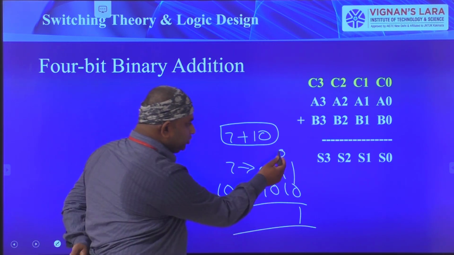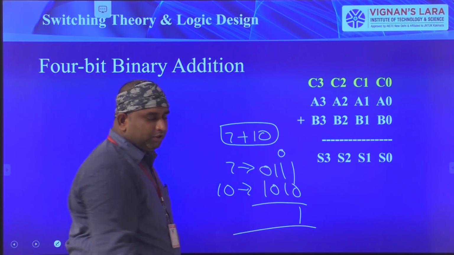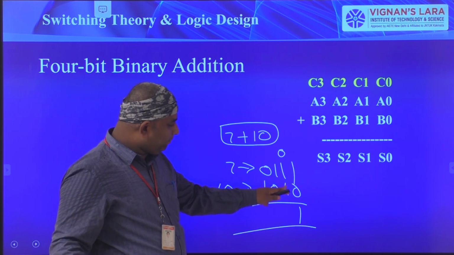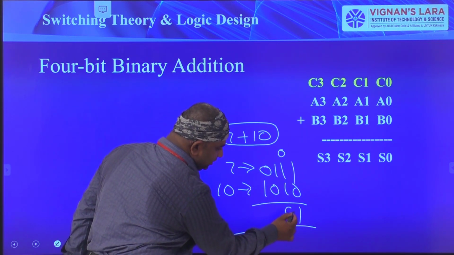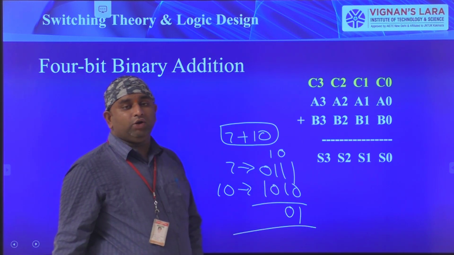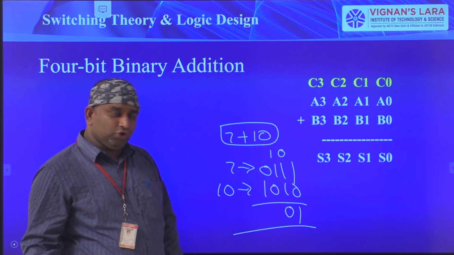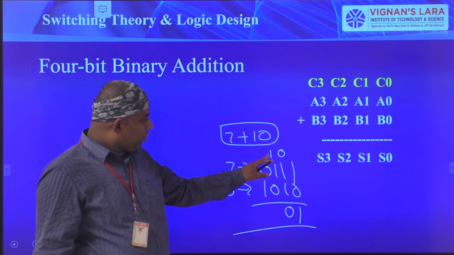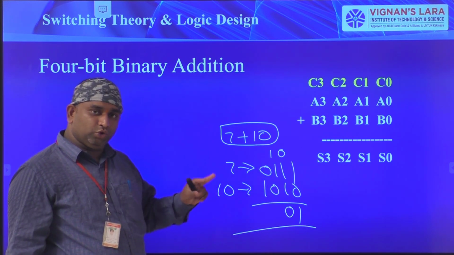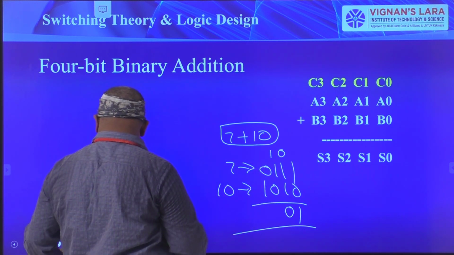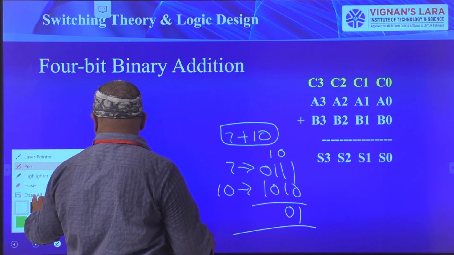Then 1 plus 1, that is equal to 2. In binary we represent this as 0 and carry is 1. When you do 1 plus 1, the answer is 0 and carry is equal to 1. Next, 1 plus 1 plus 0, here we have 2 ones. So see here, I will write clearly once again.